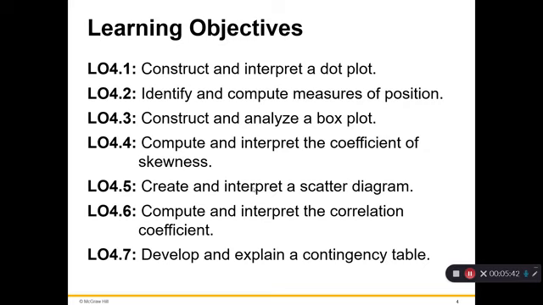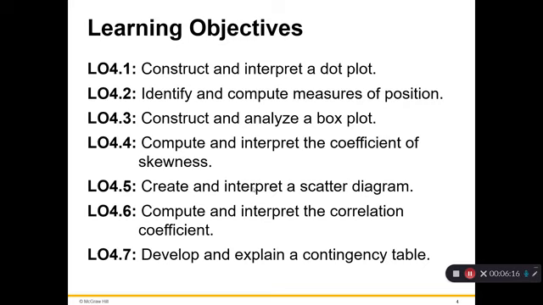Skewness is when we have outliers, and that shows how the distribution is skewed to one side or the other. So it could be positive skewness or negative skewness, and there are a couple of techniques we're going to talk about: how to quantify, how to compute skewness, and how to plot it.